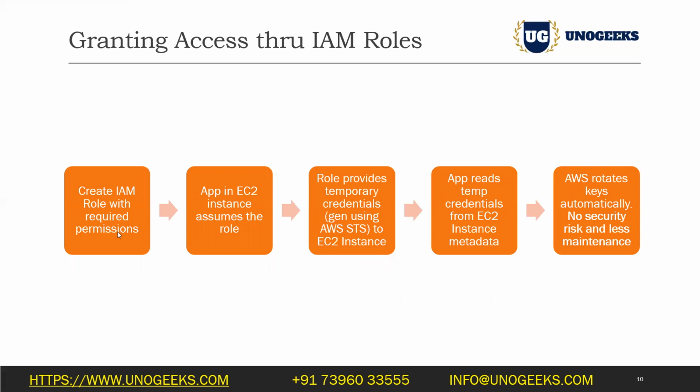If you create an IAM role that grants EC2 instances the ability to access an S3 bucket, and you have an application running on an EC2 instance, it assumes that role. When it does, the role uses the AWS Security Token Service, one of the services AWS offers, to generate temporary credentials and provide them to the EC2 instance.